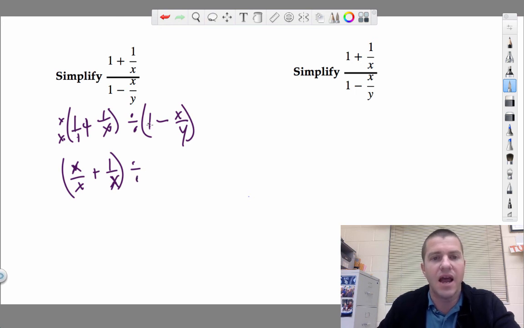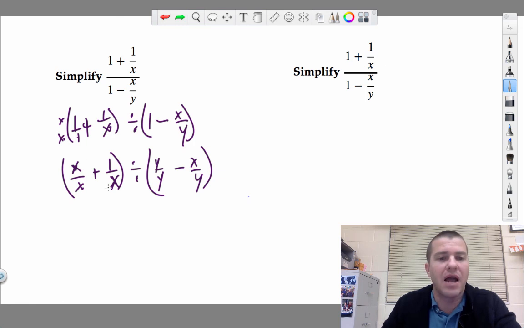Divided by, and this one's going to become y over y minus x over y. Get the denominators the same. Now I can combine them to be one fraction. Well, x plus 1 over x divided by y minus x over y.